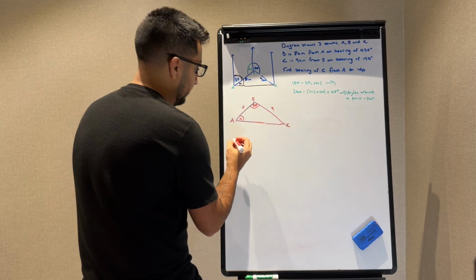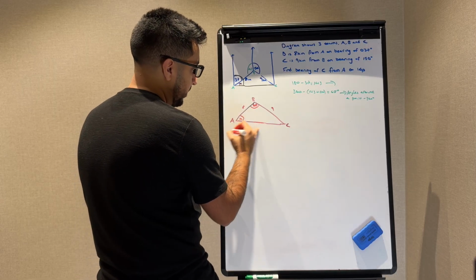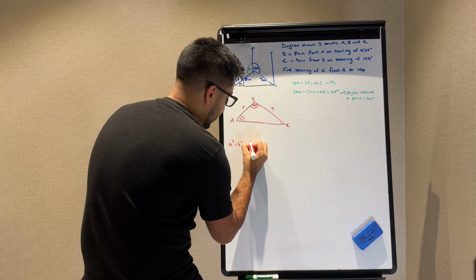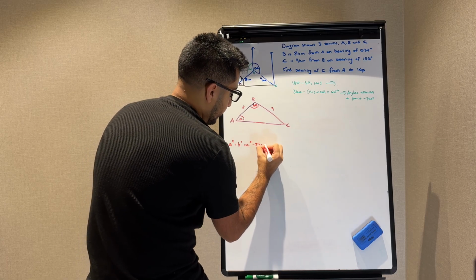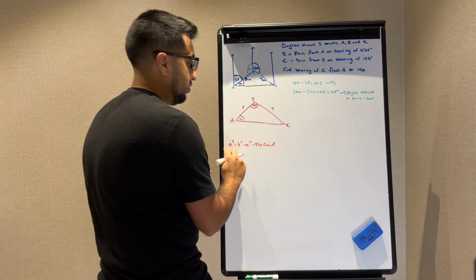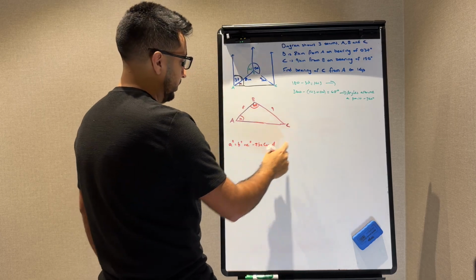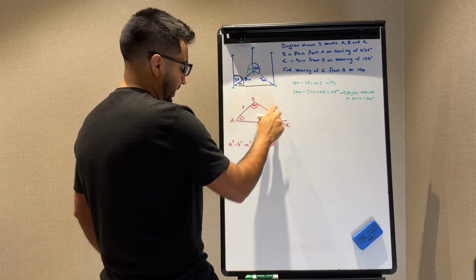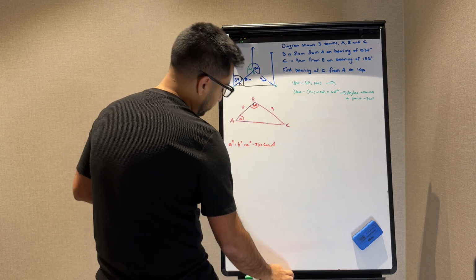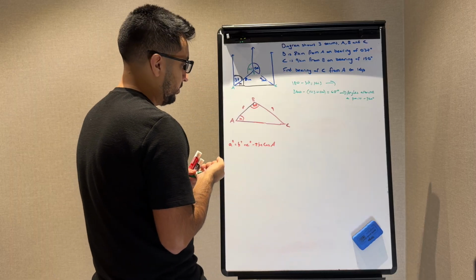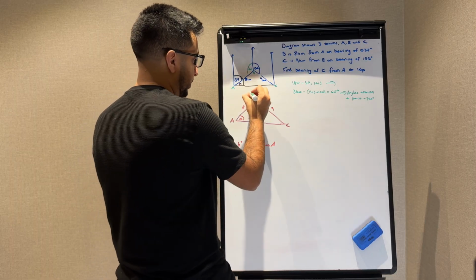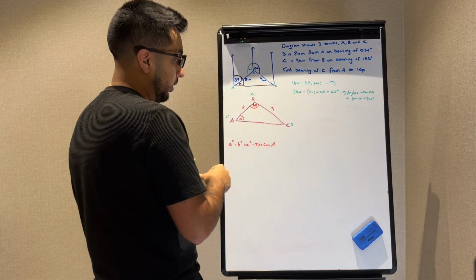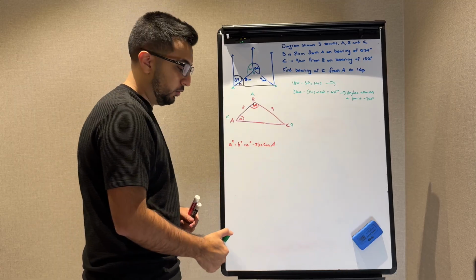So we want to find this length here, which is a squared, which is equal to b squared plus c squared minus 2bc cos A. Now this is just the general formula, not relating to this triangle, because obviously our points A, well, we already have a squared. So sometimes it helps you students, sometimes it doesn't, but you can just change the points around. So this is A, this is B, this is C, for it to fit our cosine formula.